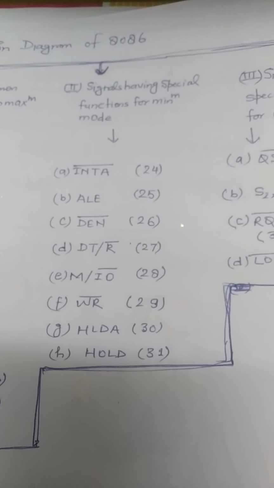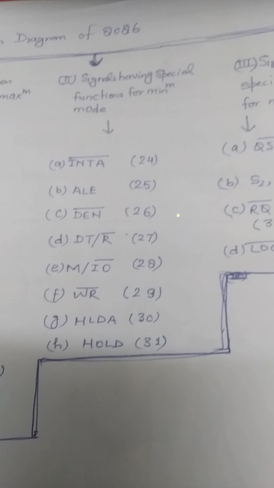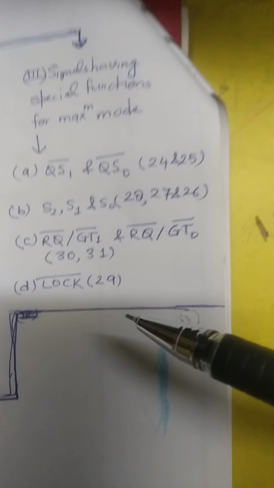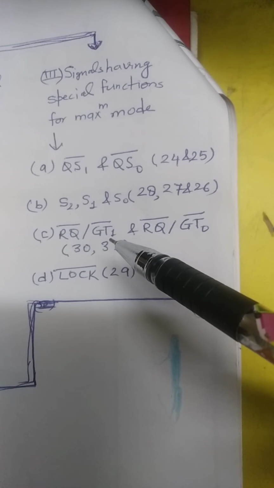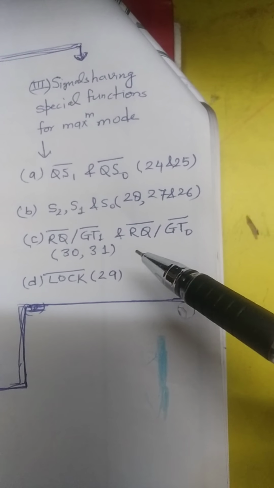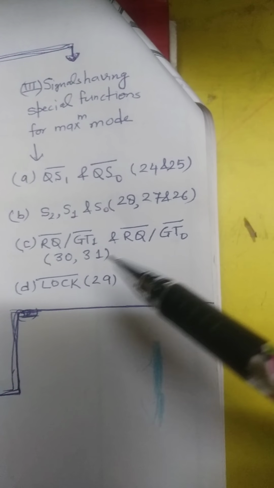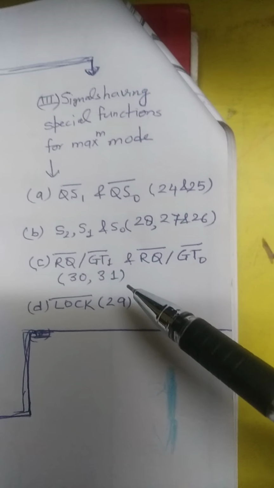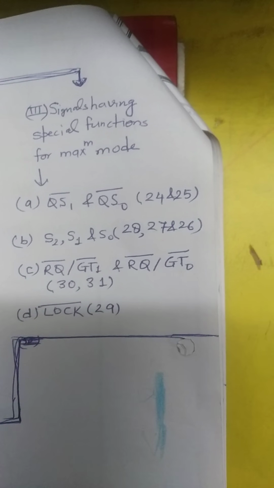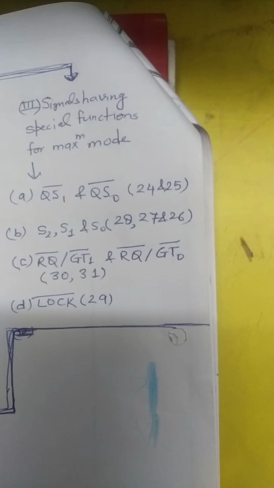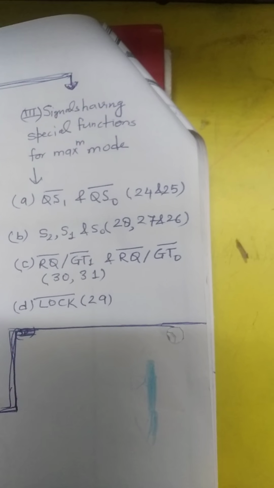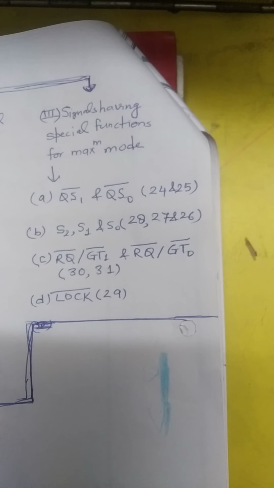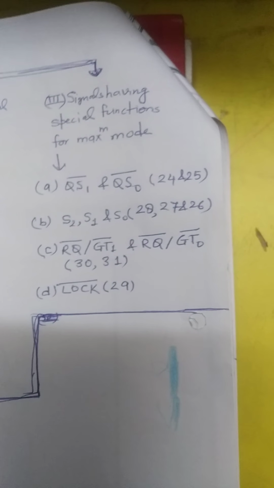In place of HLDA and HOLD, in the maximum mode of operation, there are pins RQ bar/GT1 bar and RQ bar/GT0 bar, that is request/grant signals. These are active low signals at pin number 30 and 31, and these are used for processing the request and granting the control of buses to the peripheral.